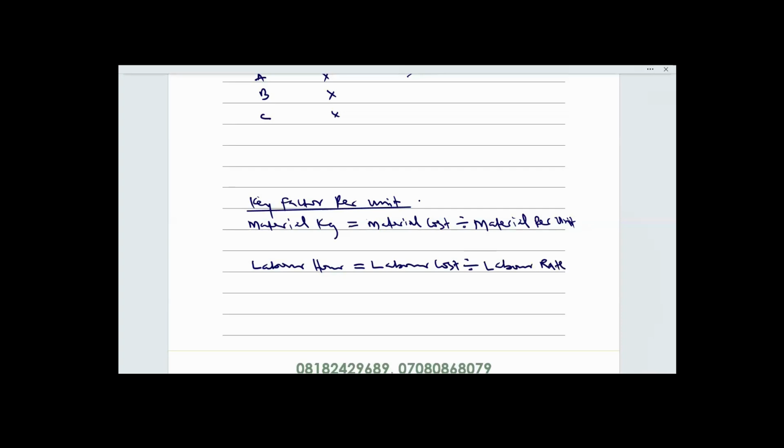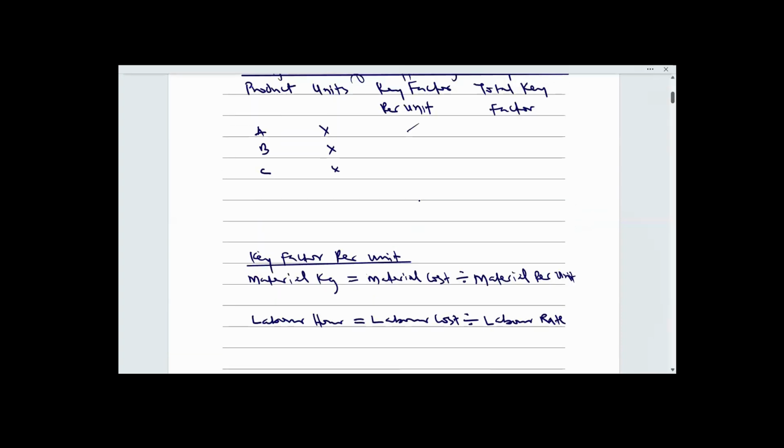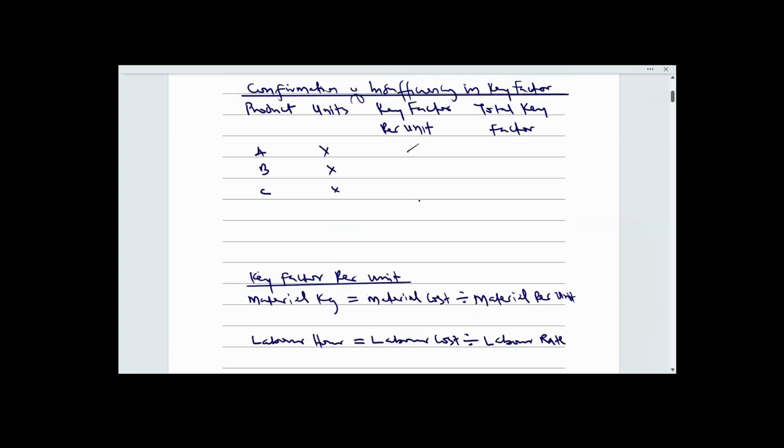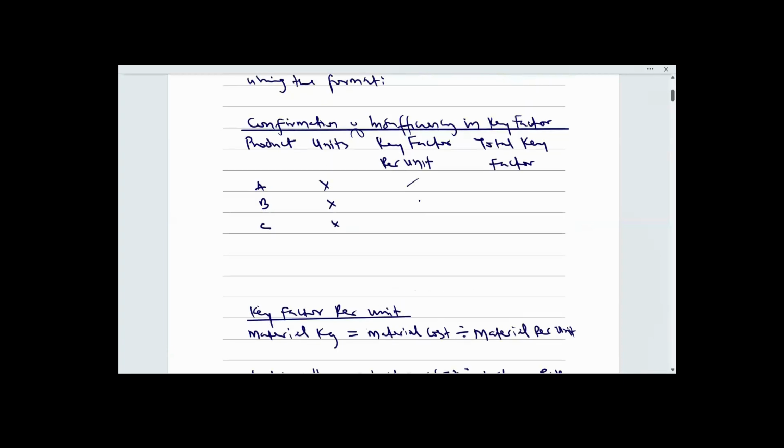When you do this, it will give you labor hour per unit. So this is how to calculate key factor per unit. If it is machine hour that is the limiting factor, the same way you calculate for labor is the same way you are going to do that. In any case, once you have calculated the key factor per unit, come and put it here. To get total key factor, just multiply by the number of units.